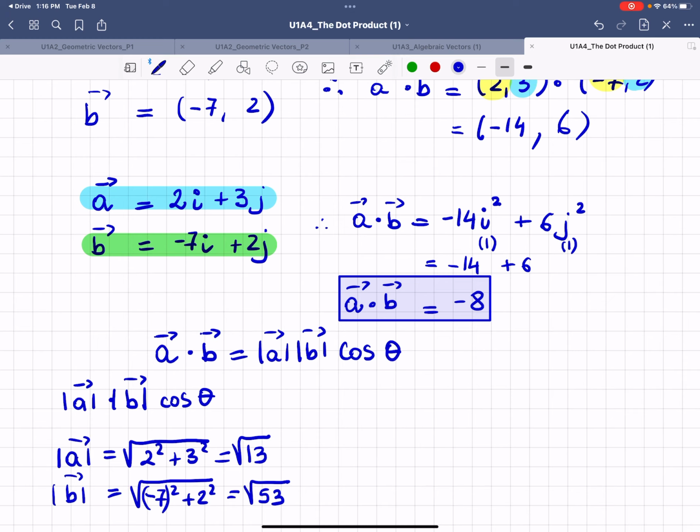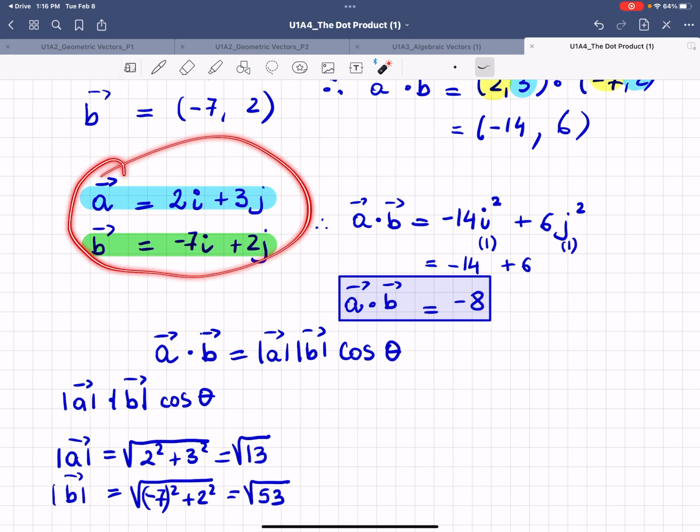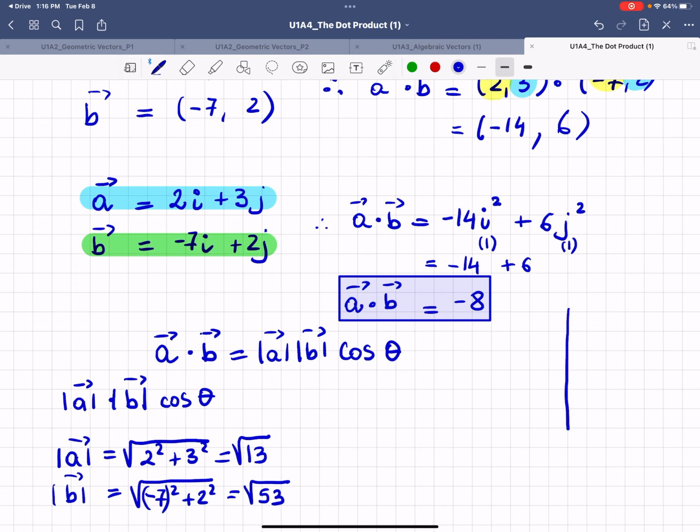In order to find the angle between two vectors, I'm going to draw a diagram here just to give you an idea of what it's going to look like and why we're doing what we're doing. So imagine that vector A, 2i plus 3j, would be 2 and 3, right?